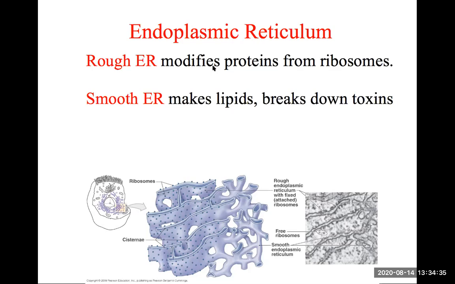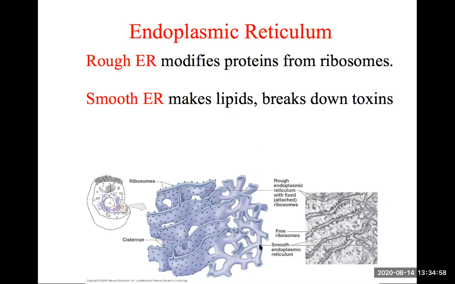Because the shapes of the proteins are very complicated, and the proteins will only work if they have the correct shape. So that will take place inside the rough endoplasmic reticulum. So it's part of this process of making proteins. All right, and so the proteins will pass from the ribosomes into the rough endoplasmic reticulum.